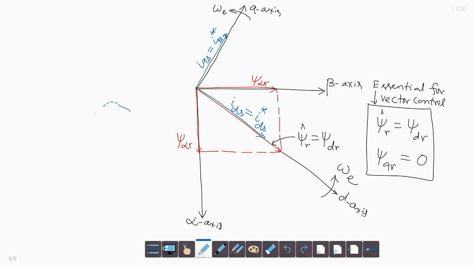I d s is the flux component of the stator current, responsible for producing the flux psi r. Because I d s only decides the flux, it is in the same direction as the rotor flux psi r along the d axis, and along the q axis the torque component of the current is there, and psi q r equals 0.